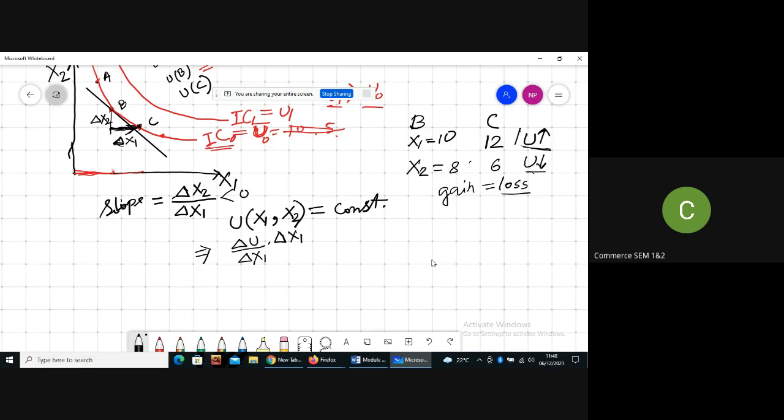So this is nothing but your marginal utility of commodity 1 multiplied by the total change in consumption of x1, that is this delta x1.